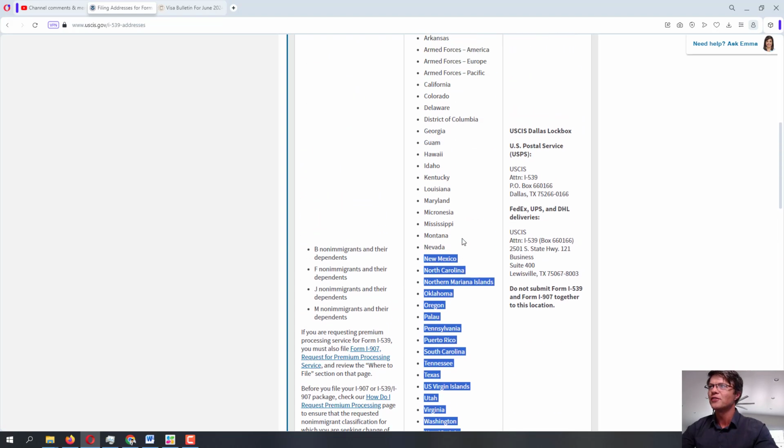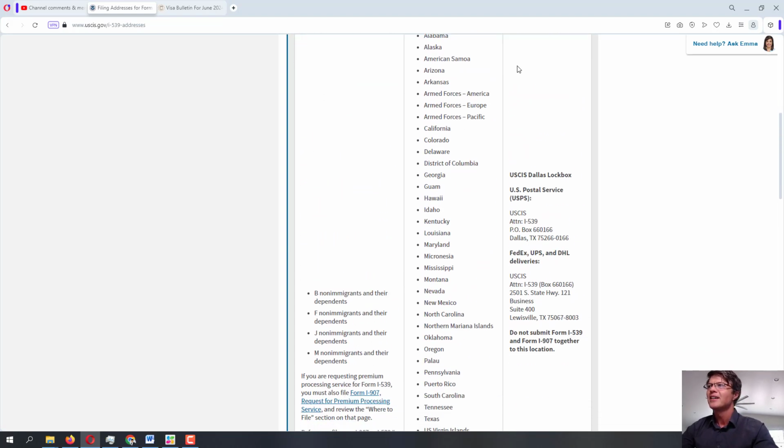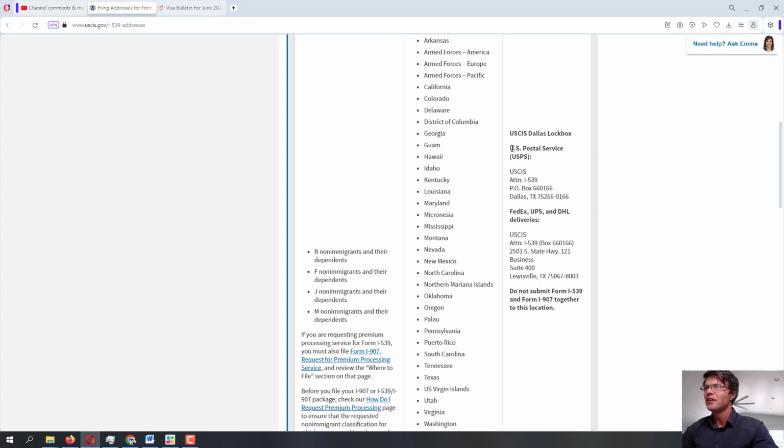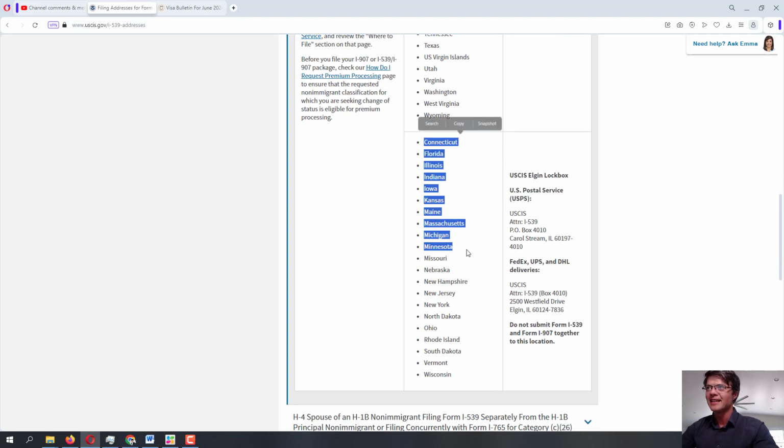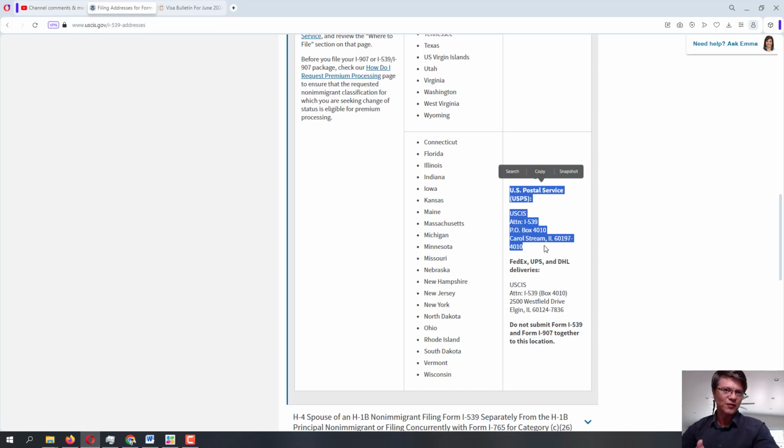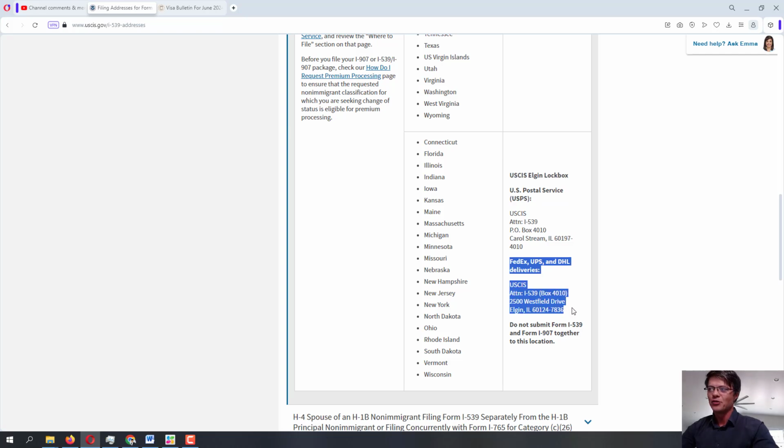If you live in any of these states, the filing location is this one for USPS, and this one for FedEx, UPS, DHL. If you live in these states, Connecticut, Florida, Illinois, and you're filing with USPS, this is the address. If you're filing with FedEx, UPS, DHL, private couriers, then you're sending it right here.